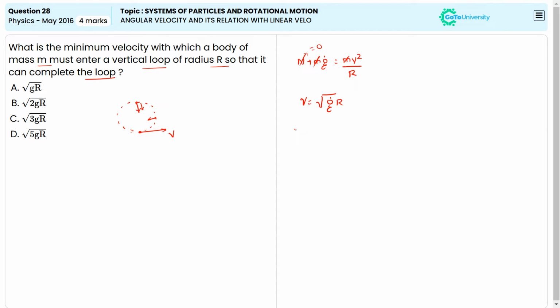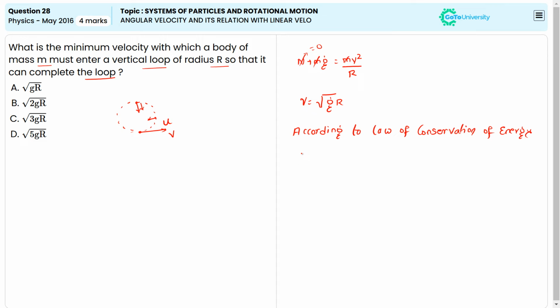According to the law of conservation of energy, I'm going to take the velocity at the bottom as u here.